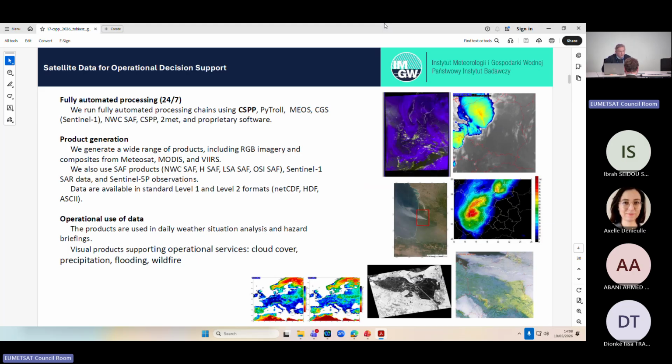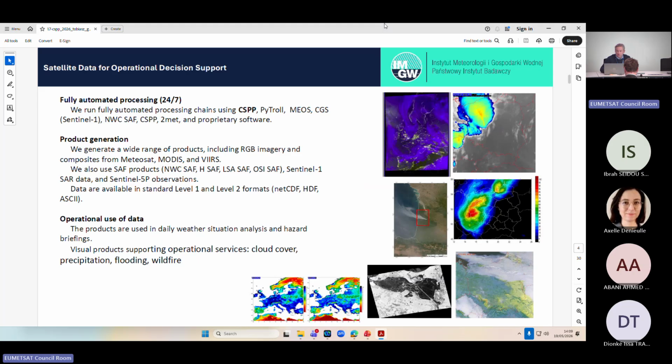Every day we have a briefing and we present how forecasters can use satellite data. And visual products support operational services: cloud cover, precipitation, flooding, and wildfire.